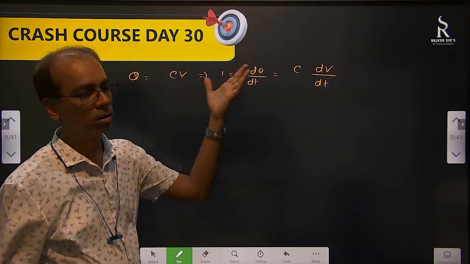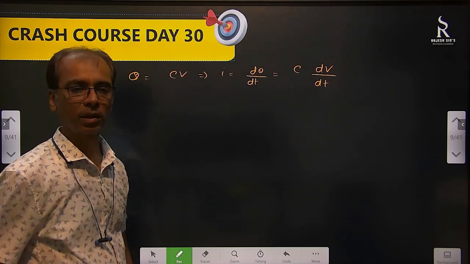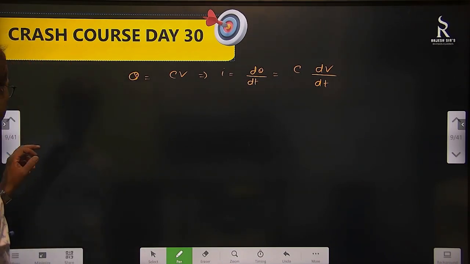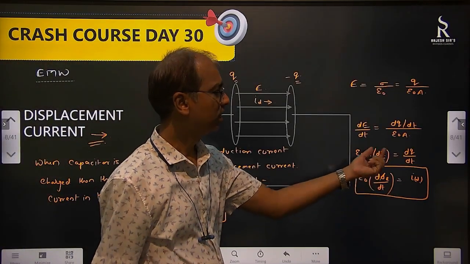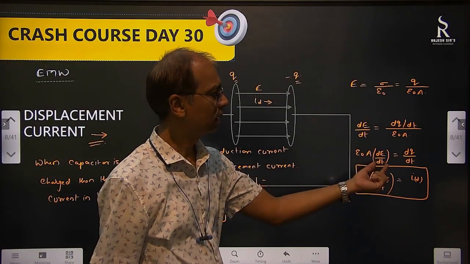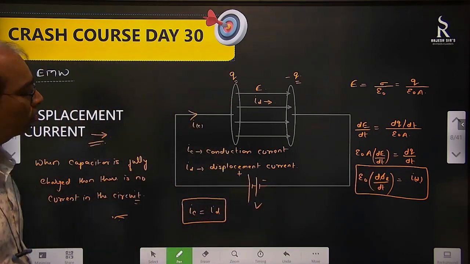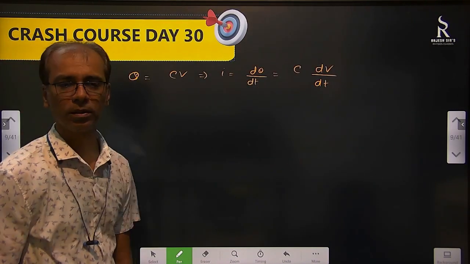So I can also be written as C into dV by dt. That is also possible. And another one I already told you: epsilon naught A dE by dt. If electric field is varying, then we can calculate displacement current like this. So these are the various forms, and then the question will be asked from us.